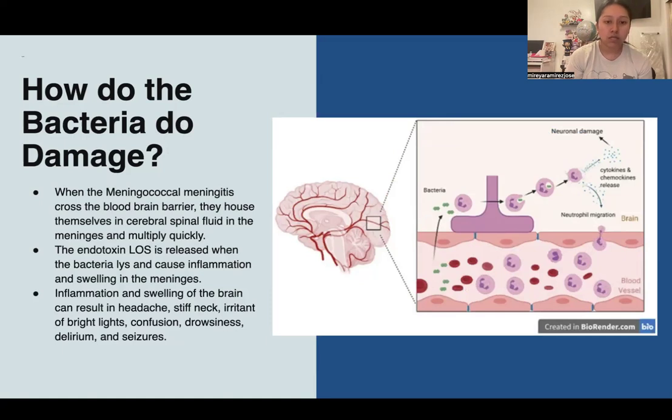Because it's an endotoxin, when the bacteria lyse and die, they release the LOS toxin, which can cause inflammation and swelling in the meninges of the brain. When inflammation and swelling of the brain result, all those different symptoms that Mireya mentioned will happen: headache, stiff neck, irritation from bright lights, confusion, drowsiness, delirium, and seizures.